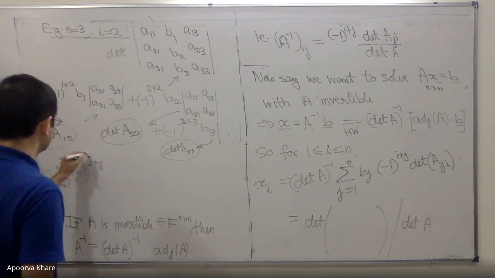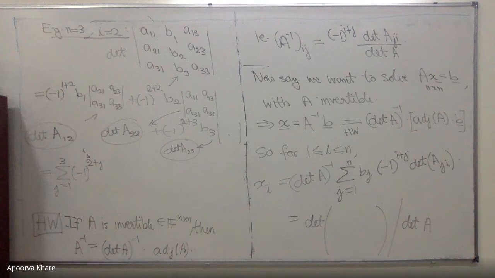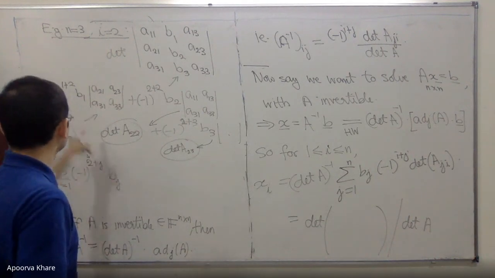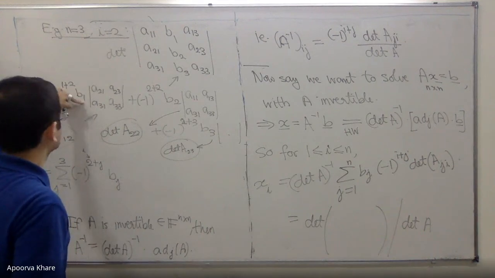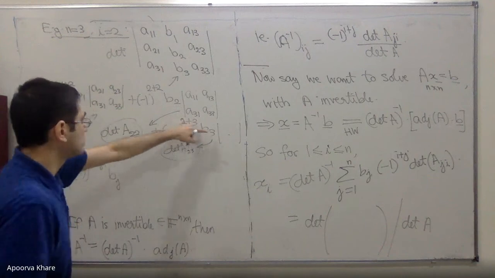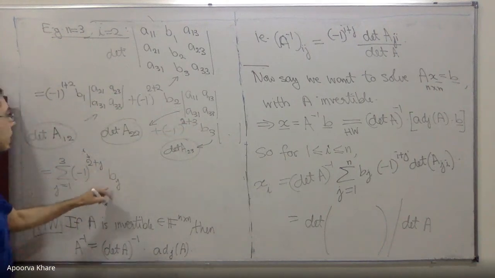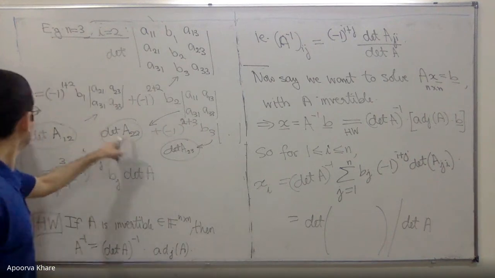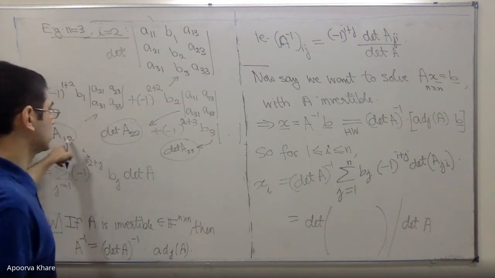So i is 2. That is the hope. Now b_j is correct. This 1 corresponds to 1, this 2 corresponds to 2 and the 3 to 3. So it's 2 plus j and b_j. Okay, and now the determinant of A, and now you see something is very wrong here.